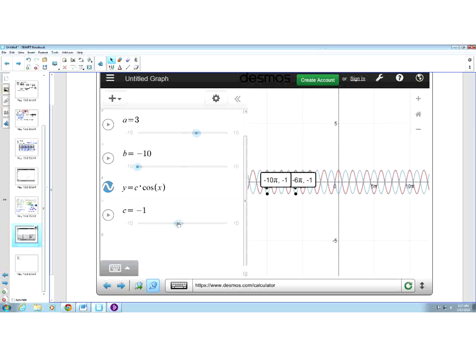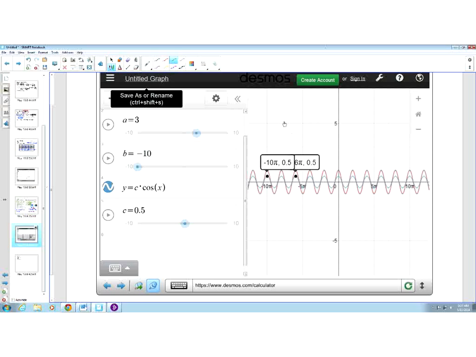So between -1 and 1, the curve is basically vertically compressed, or this is a vertical shrink. Let me write this down. Insofar as vertical shrinking goes, at least for this graph, if we have this condition on c, the graph is shrunk vertically.